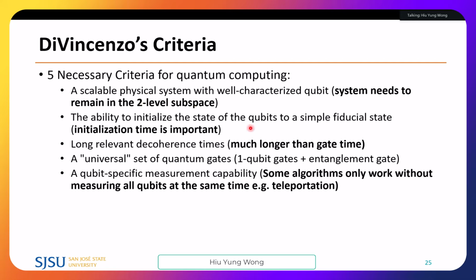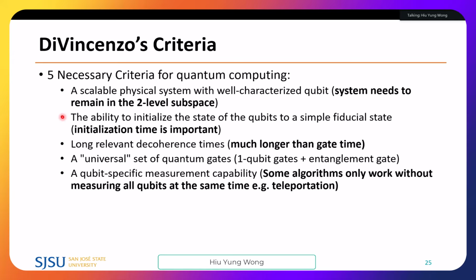Second, you should be able to initialize it and measure it easily, right? These are things we take for granted for a classical computer. Initialization and measurement should be very easy. But it is not the case because these are all quantum mechanical systems. It's not guaranteed, but we need to make sure of that.